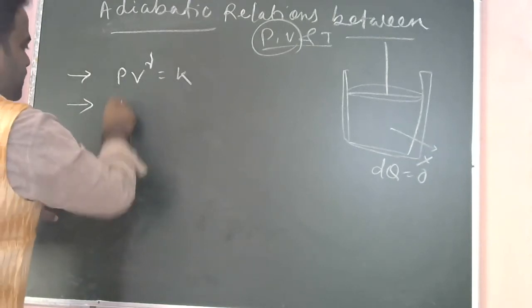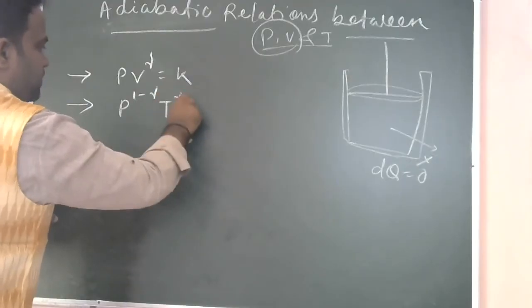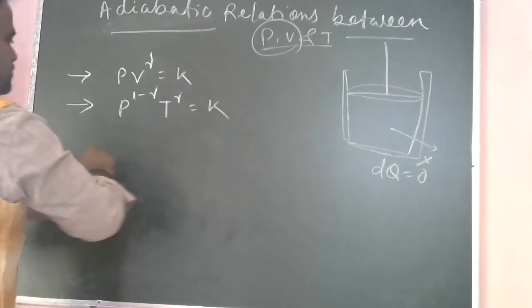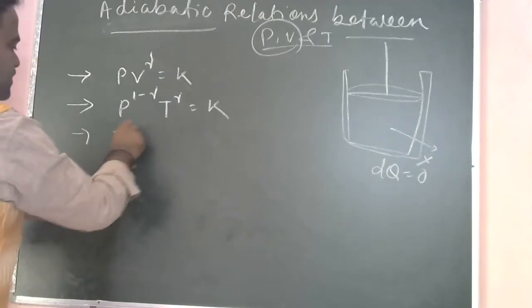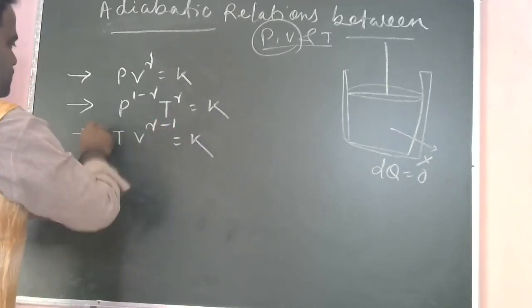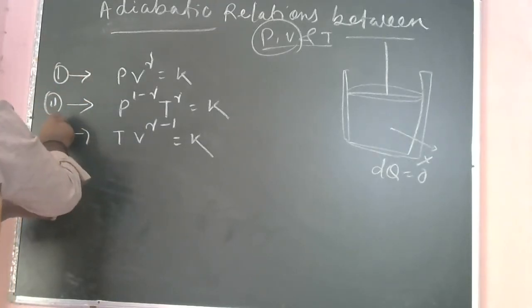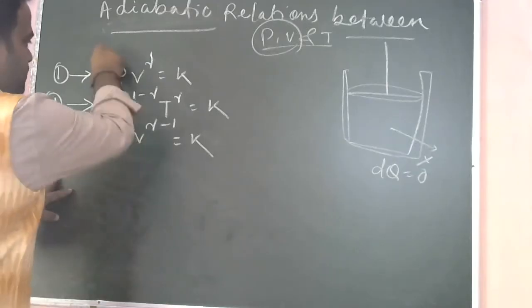Then we'll also derive P to the power 1 minus gamma T to the power gamma is a constant, and also TV to the power gamma minus 1 is equal to constant. So all these three derivations we'll do in this video. We'll derive them one by one.